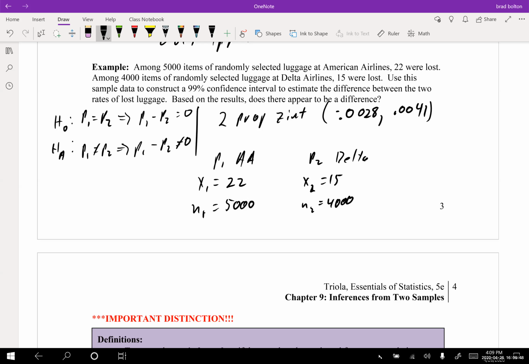Based on the results, does there appear to be a difference in the way they handle luggage, basically, is what they're trying to find out.